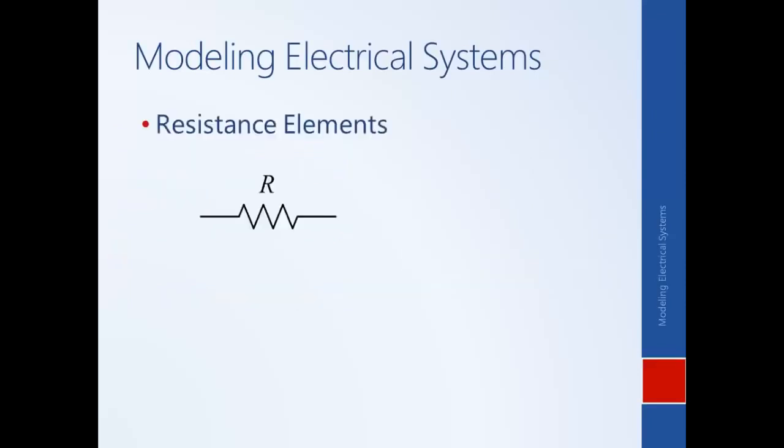The simplest type of element to consider is a resistance element. We will represent resistors with the symbol shown here. If you think back to your earlier undergraduate days, you might be able to remember the relationship between the voltage across a resistor and the current through the resistor.